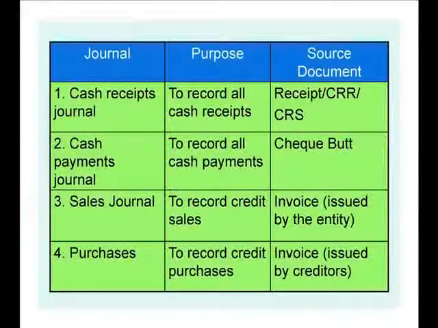We record credit sales in the sales journal, and the source document is the invoice, invoice issued by the entity. So we are working for an entity, and this business has issued sales invoices to its credit customers or debtors.